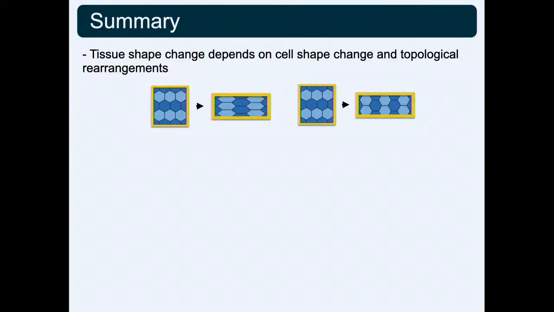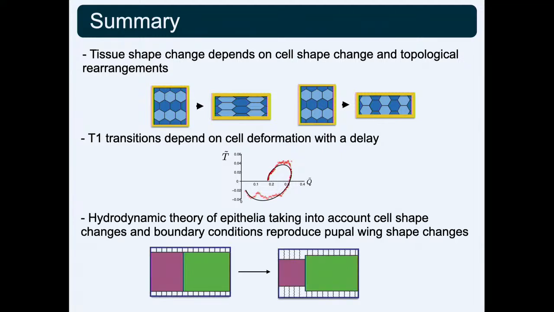So what were the main observations? First, we saw that topological changes or rearrangements are a significant contributor to the overall deformation of this whole wing.